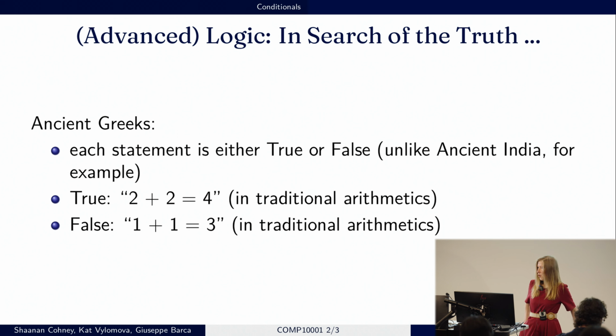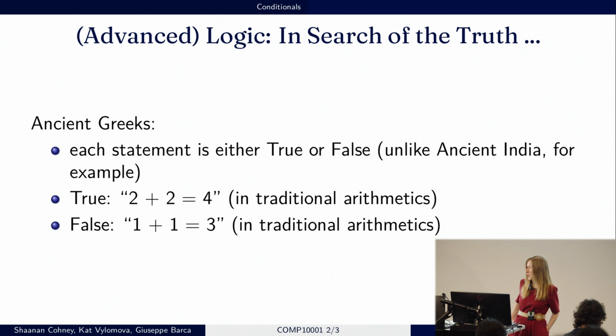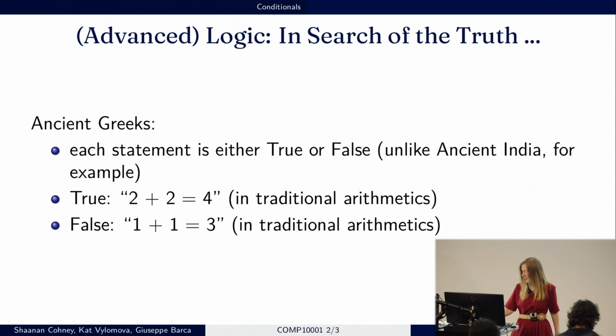They played a lot with syllogisms, and they had this idea that every statement is either true or false, very binary logic, unlike in ancient India where you have fuzzy logic. So you have a statement, for instance, 2 + 2 = 4. In traditional arithmetics, this statement is true. Or other statement, 1 + 1 = 3. Again, in traditional arithmetics, this statement is evaluated as false, right?